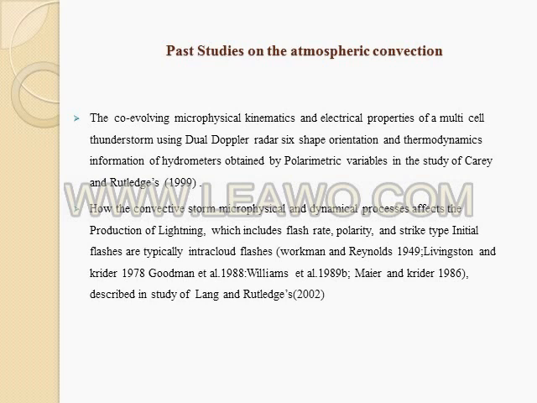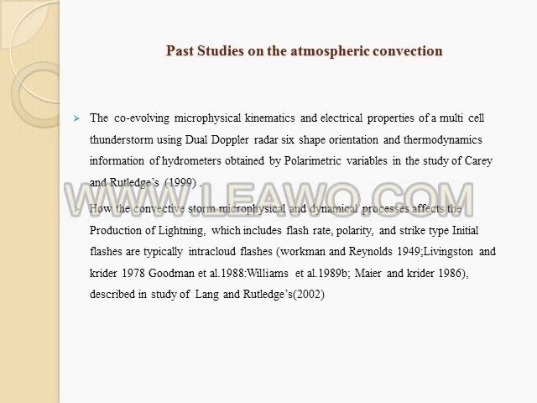Again, in other studies, like how convective storm microphysical and dynamical processes affect the production of lightning, which includes the flash rate, strike type and polarity. Is it positive or negative? Is it ground based or cloud to ground, or other lightning strikes?